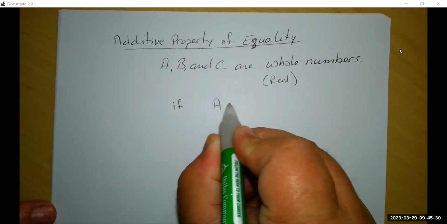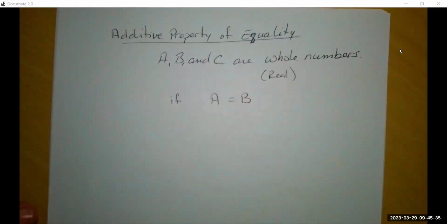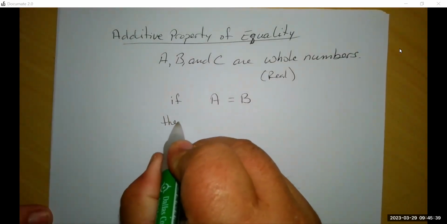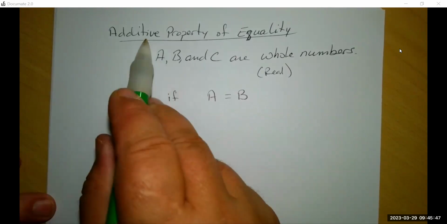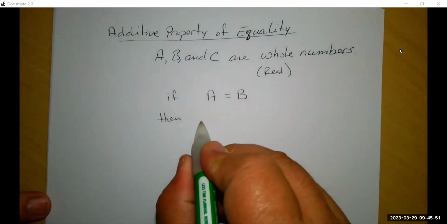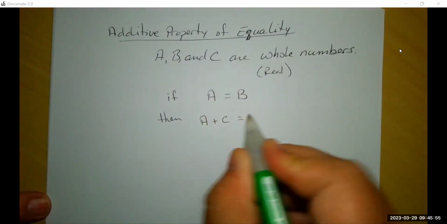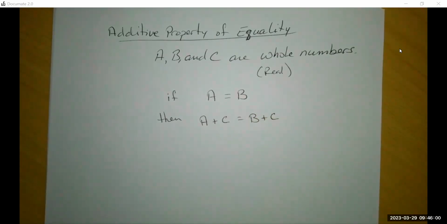If A equals B, remember, this is called the additive property of equality. If we add the same number to both sides, they're still going to be equal.